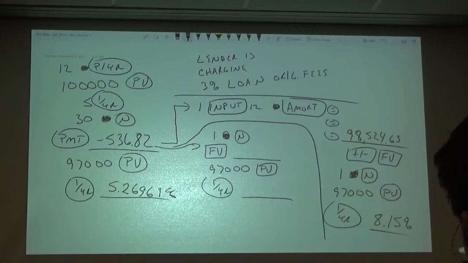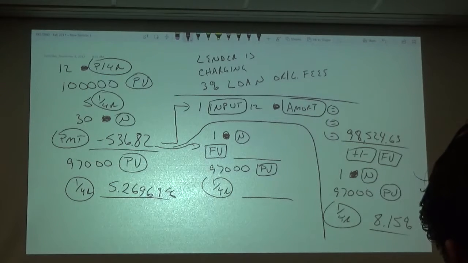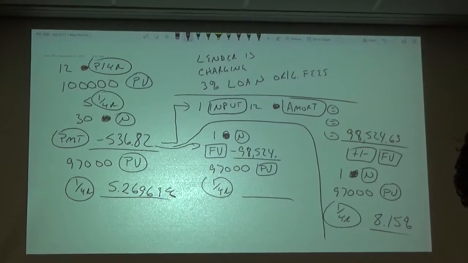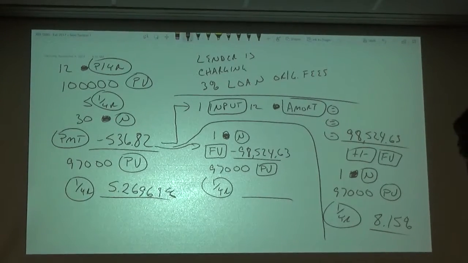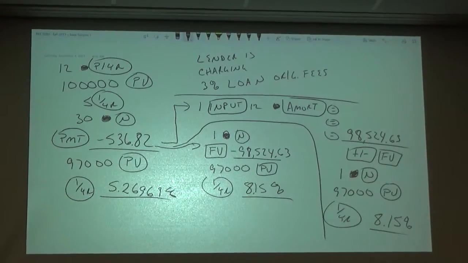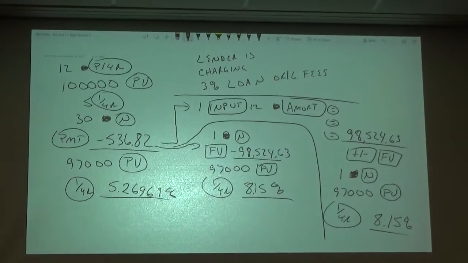When you solve for the future value here, it gives you 98,524.63. Then you simply type in the 97,000 as your present value, and solve for the interest rate. You get the same answer, 8.14 or 8.15. So it's just two different ways to get to the same answer: one using the amortization function, one using just the future value function.